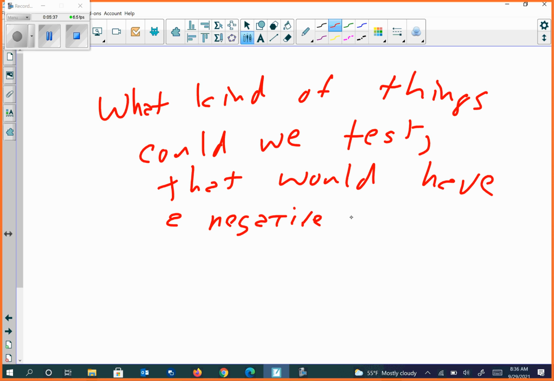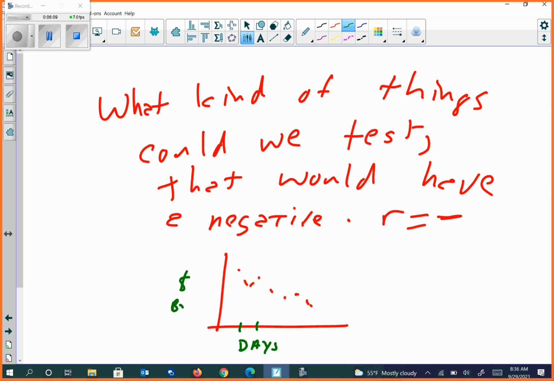That means our R value is a negative number. That means if we had graphed it, it would decrease. So what kind of things might impact something to be less and less as you go to the right? How much money is in my bank account? These could be days, and this could be money in bank account. As the days go on, you're using your debit card, so that's definitely negative.